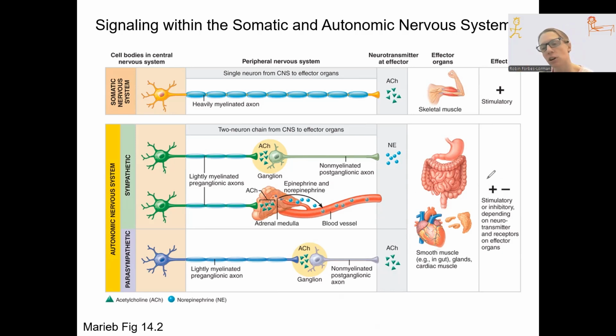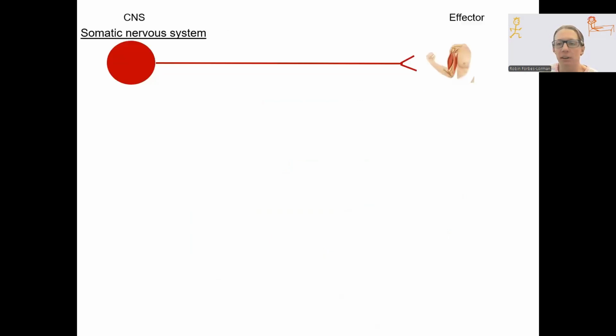The effects of this on the target organ are also varied. So it can either be stimulatory or inhibitory, depending on the neurotransmitter and the specific receptor involved. And that's where we can start to get more varied effects.